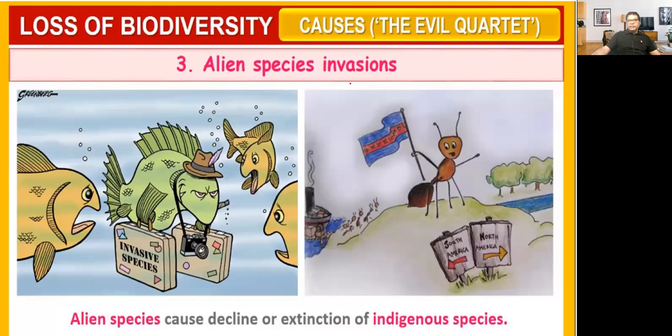Alien species invasion. So this is an invasive species coming to this area. Alien species cause decline or extinction of indigenous species.